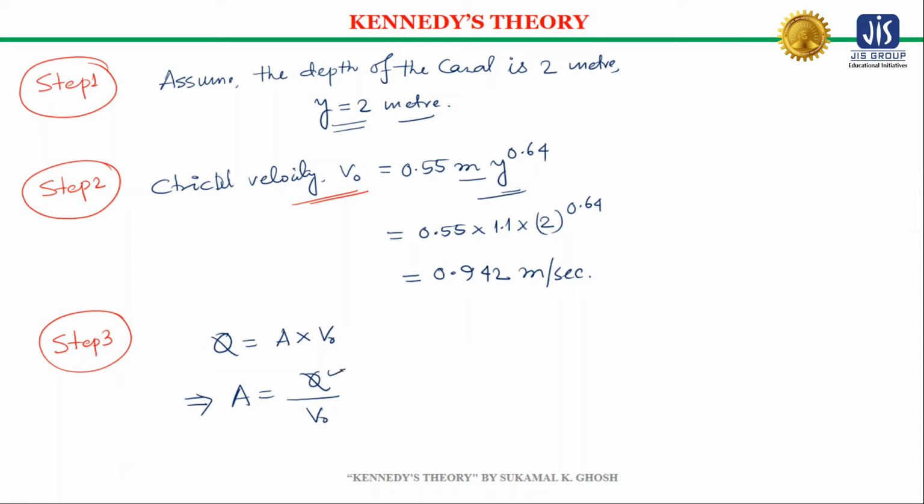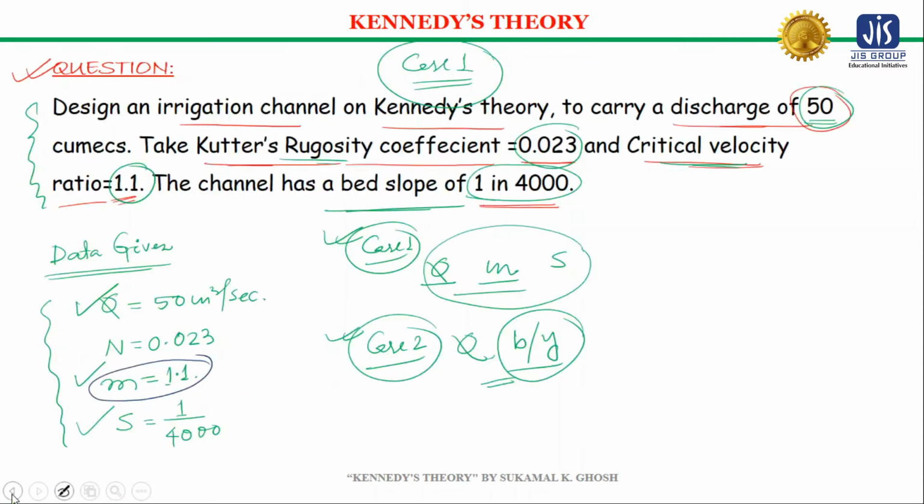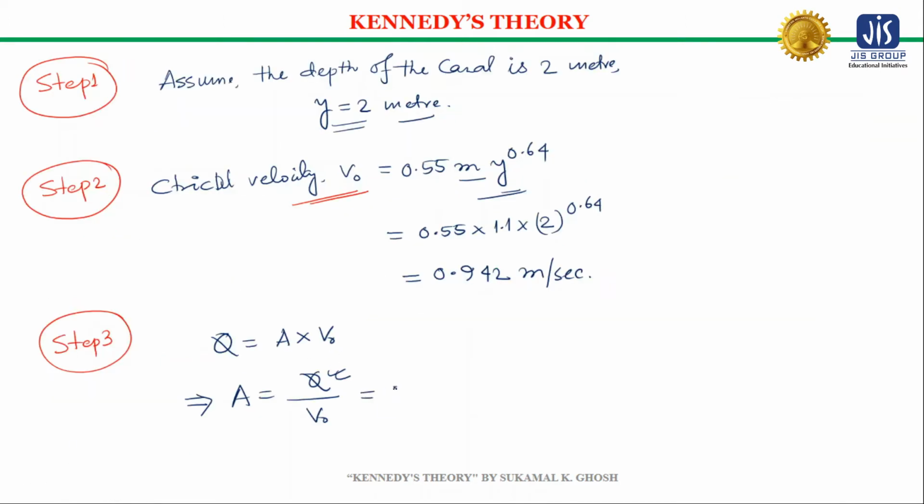The value of Q is 50 meter cube per second, and we calculated V naught as 0.942. If you solve it, you will have 53.1 meter square. So now we have completed our step 3.